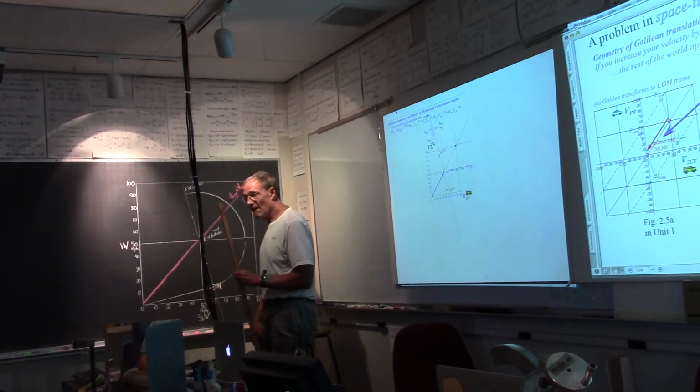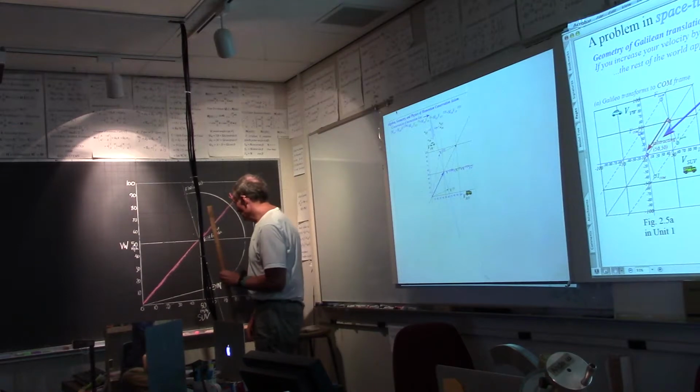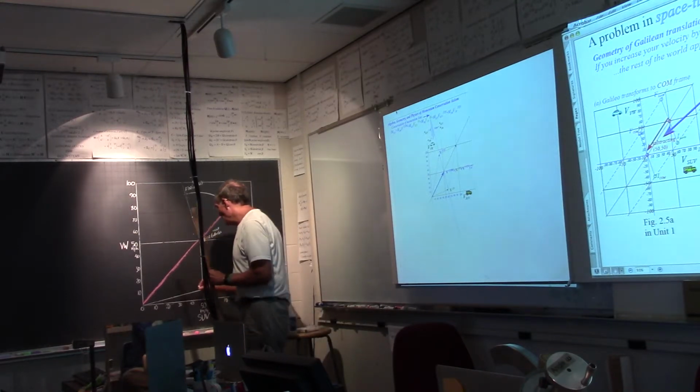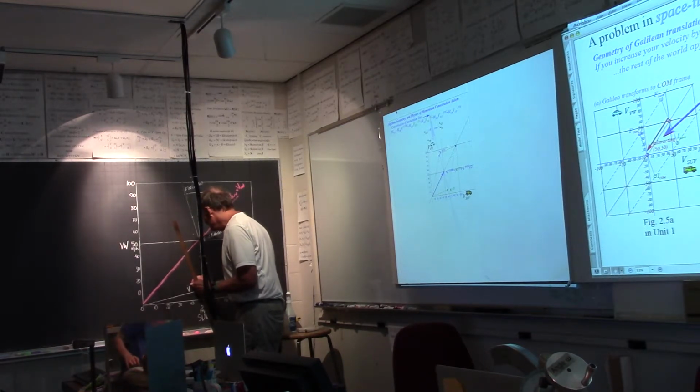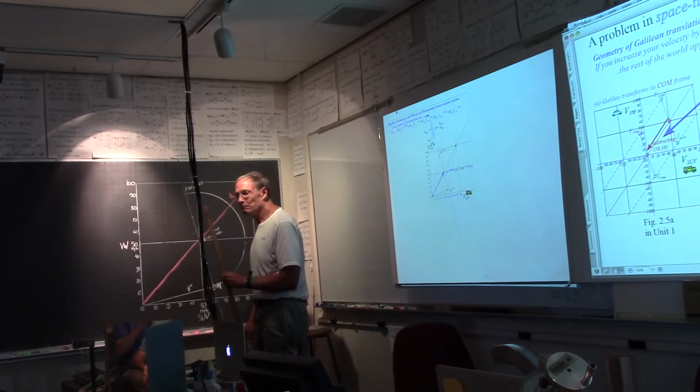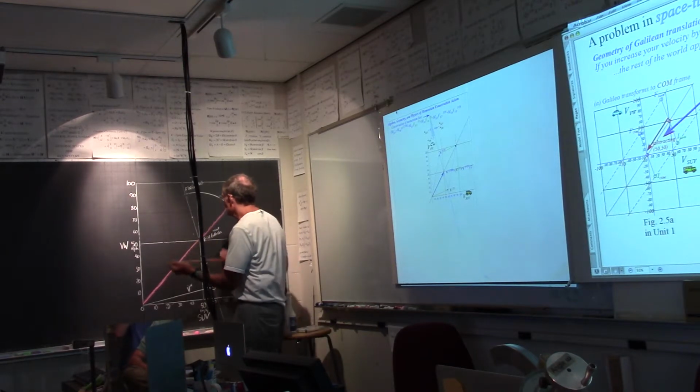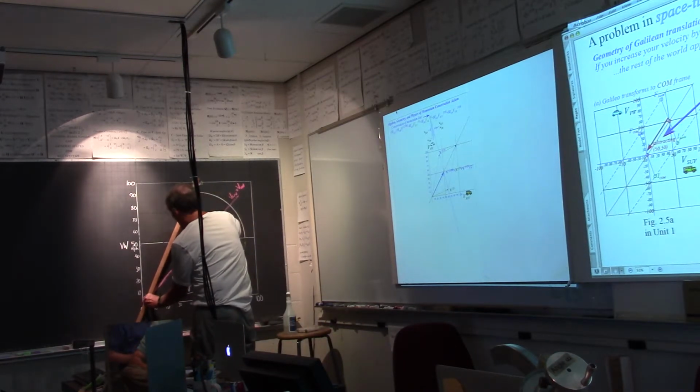So that would be a vector of V, where they either put an arrow over the top of it or draw it with a fat line. This would be the V initial, input. Same thing with this point up here.